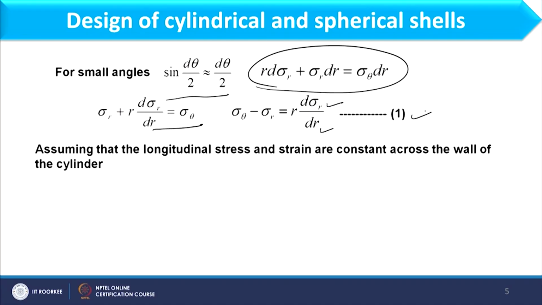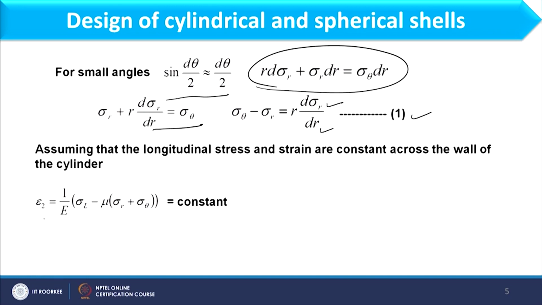Now what happens when I consider stress in the longitudinal direction? That stress would be uniform throughout, because whatever thickness is there in the longitudinal direction, stress throughout the thickness will be uniform, and therefore because stress is uniform, we can consider strain should also be uniform.